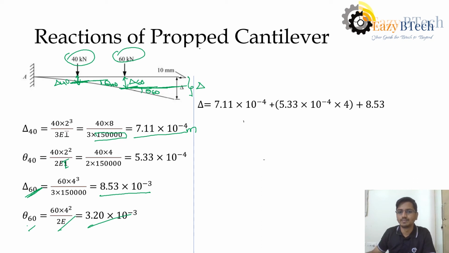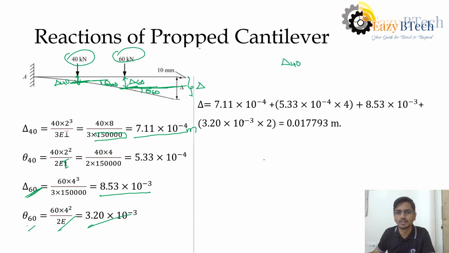Now let us see how to solve this. So we have deflection due to 40. Now this deflection here, if you see, we have a beam.